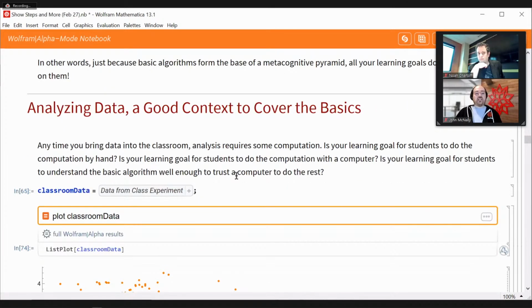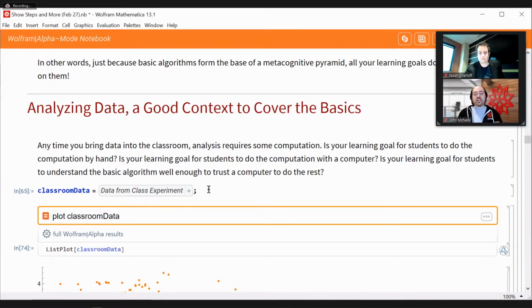Okay, so then another thing you can do is craft classroom experiences so that they are built around, oops, excuse me, wrong button. You can craft classroom experiences so that they aim toward particular learning goals. And in this case, we have a set of classroom data.